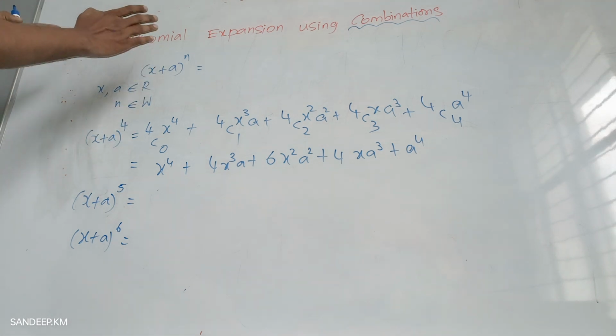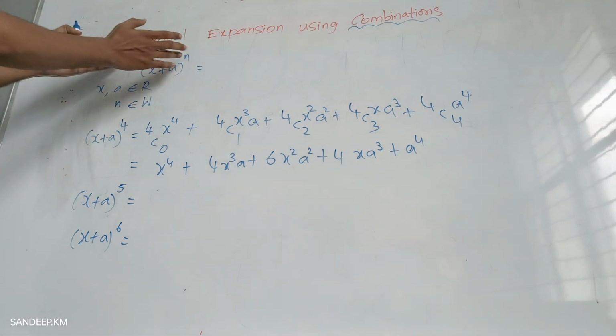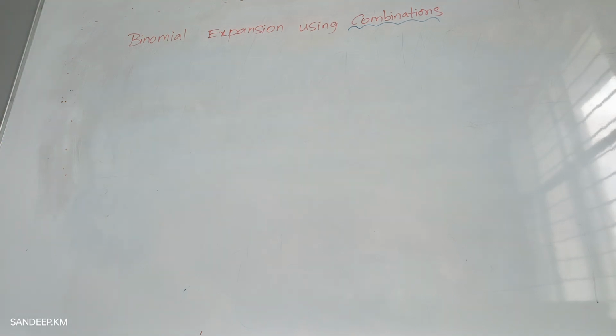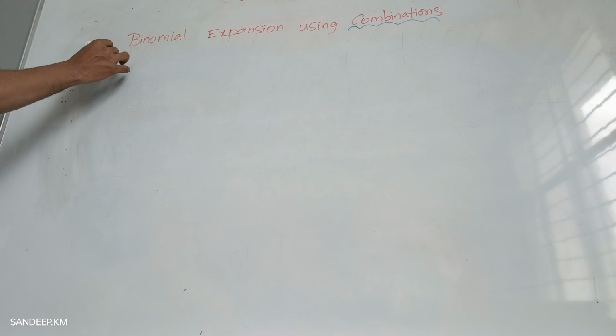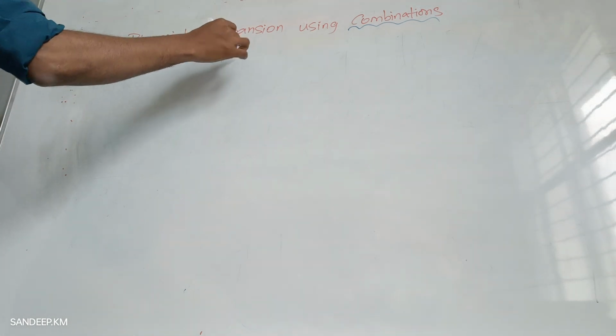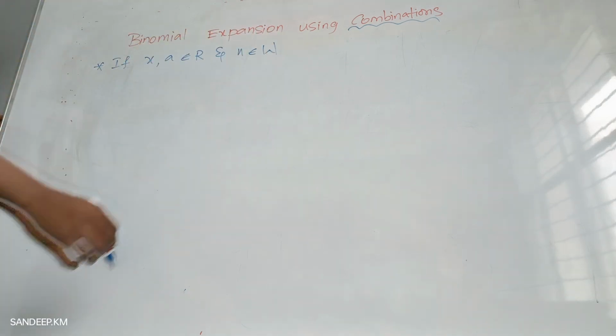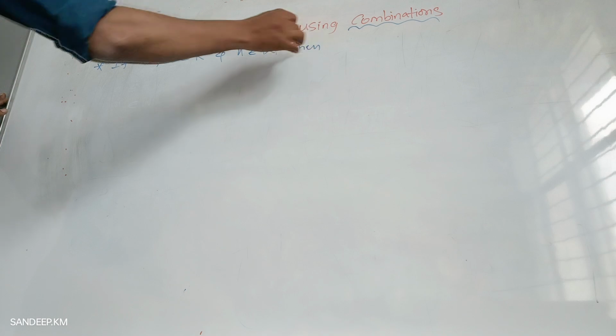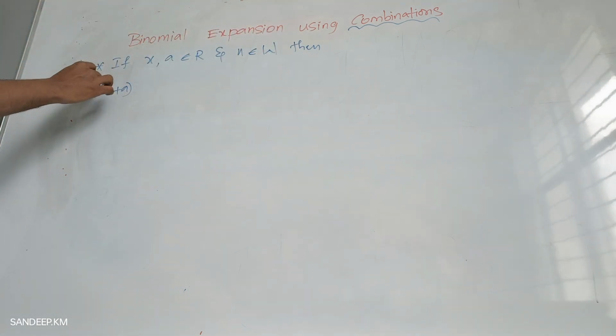Okay, now next. Now let me generalize it. What is x plus a whole power n expansion? Now dear students, what is the binomial theorem? If x, a are real numbers and the index n is a whole number, a non-negative integer, then how to write x plus a whole power n expansion?